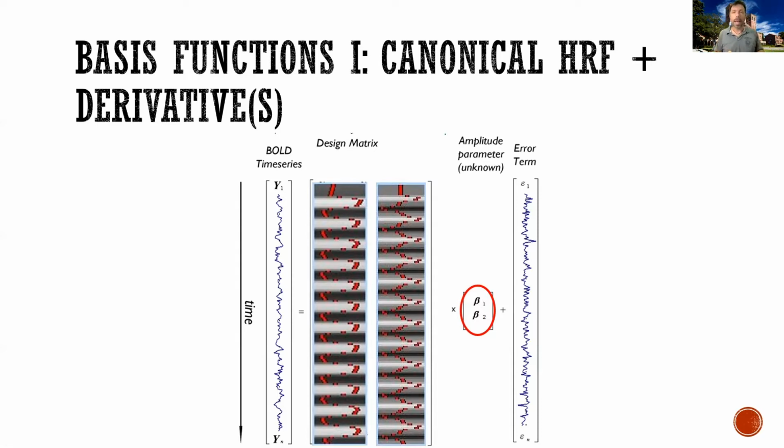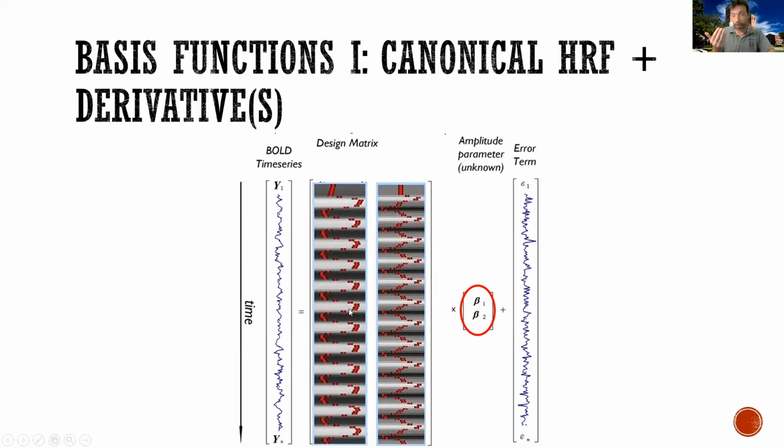It's silly. Imagine that there are two participants with the exact same amplitude of response to your stimulation, except participant A, their HRF is perfectly canonical. So for them, all of the amplitude of the response will be allocated to regressor 1, to the canonical.